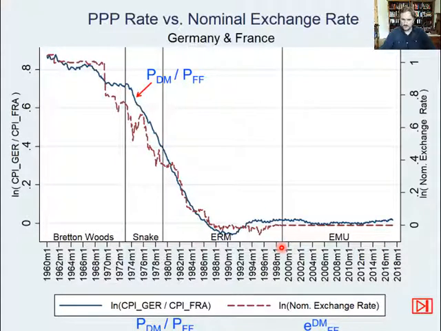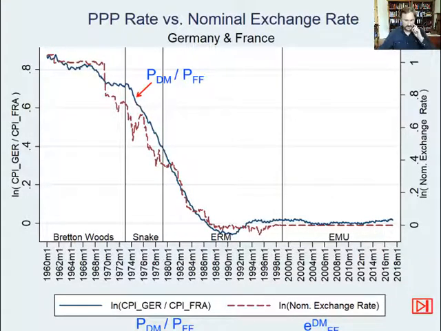As the purchasing power parity exchange rate indicates, the blue line, the divergence of price levels has become smaller. There are still small deviations which indicate that transaction costs probably still play a significant role.